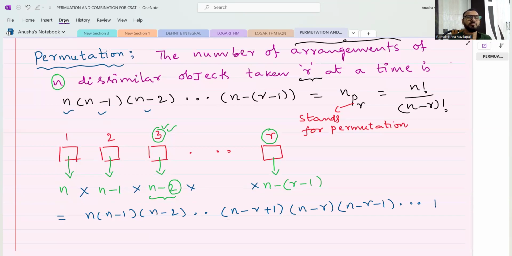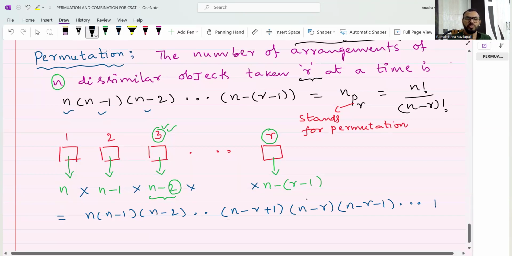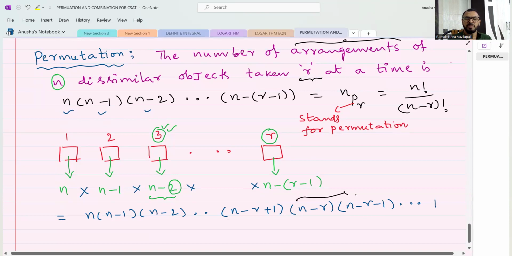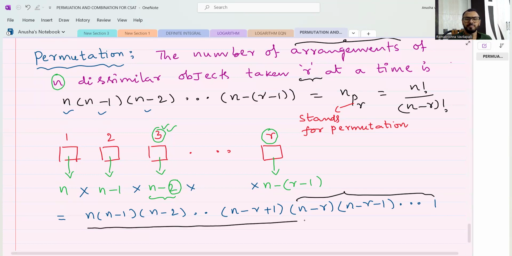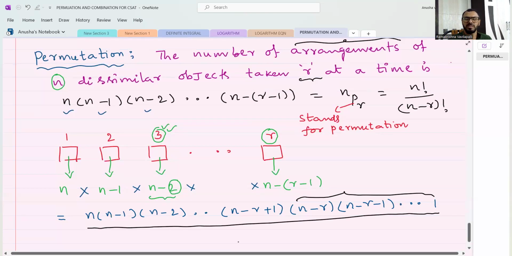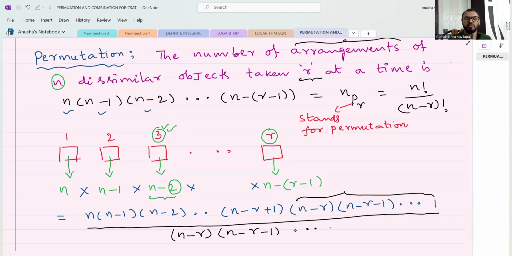So here I have multiplied a few numbers which comes after n minus r plus 1. So I should divide with those numbers. N minus r into n minus r minus 1 and so on up to 1.